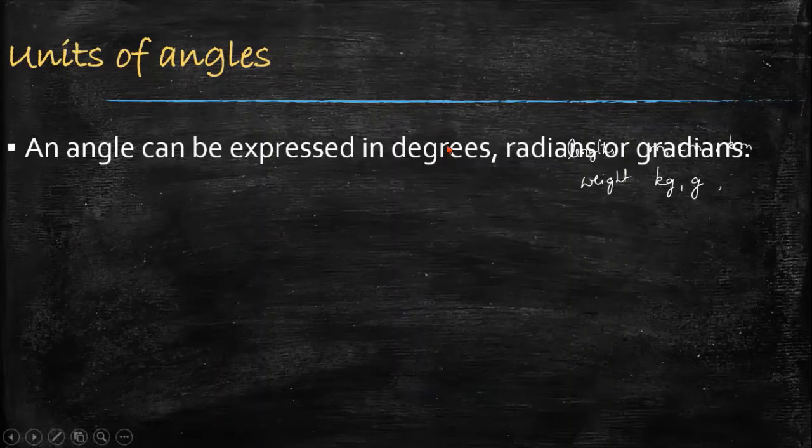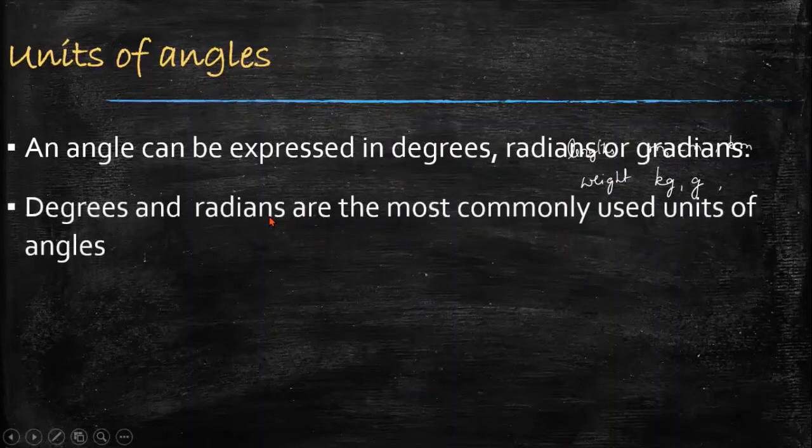The units which are used to express angles are degrees, radians and gradients. Out of these three, radians and degrees are the most commonly used units of angles.